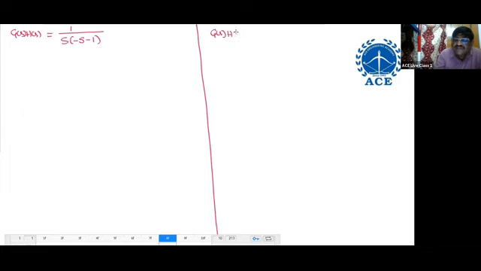G(s)H(s) equals 1 by s into (minus s minus 1). G(s)H(s) equals 1 by s into (1 minus s).